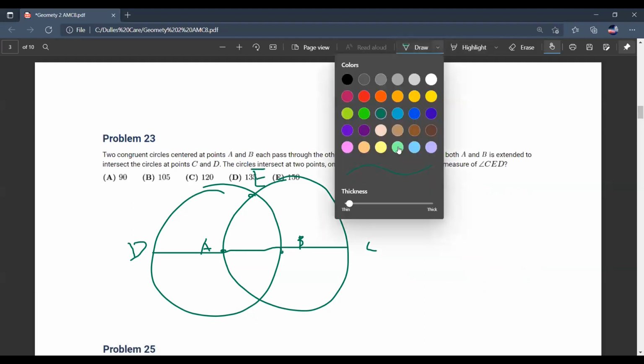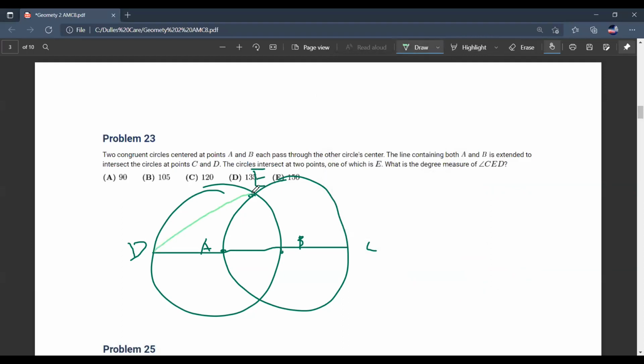So let me draw this in light green. So always make sure to carefully read the problem. Don't be like your teacher. So what is the degree measure of CED? Now this is a significantly easier problem.